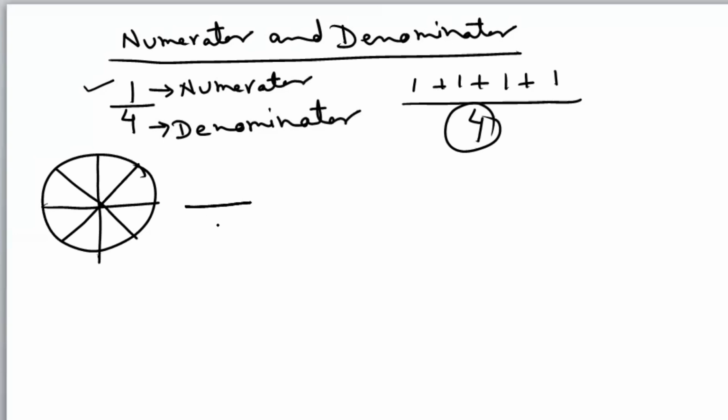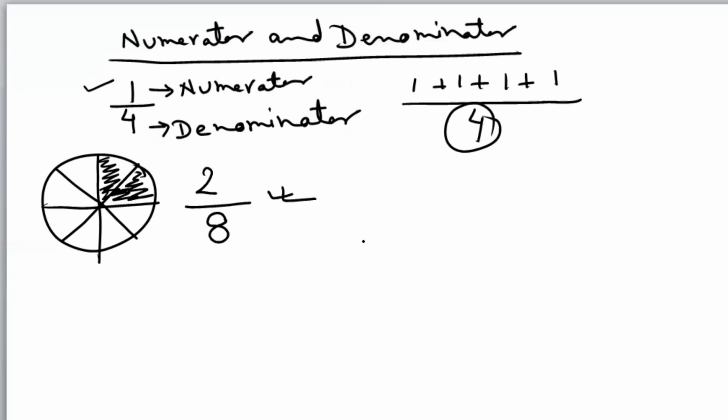It means the 8 parts together make the whole circle. Then it says out of 8 parts, shade 2 parts of that circle. So what are the 2 parts? These are the 2 parts. We have to shade this one and this one. Then how will we write the fraction? Out of 8 parts, how many parts are shaded? 2 parts. Then it will become 2 by 8. This is the fraction. Okay?